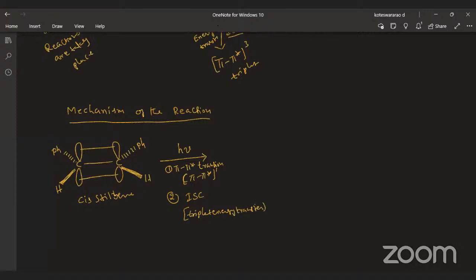This leads to the formation of the pi to pi star triplet state, the triplet transition state.